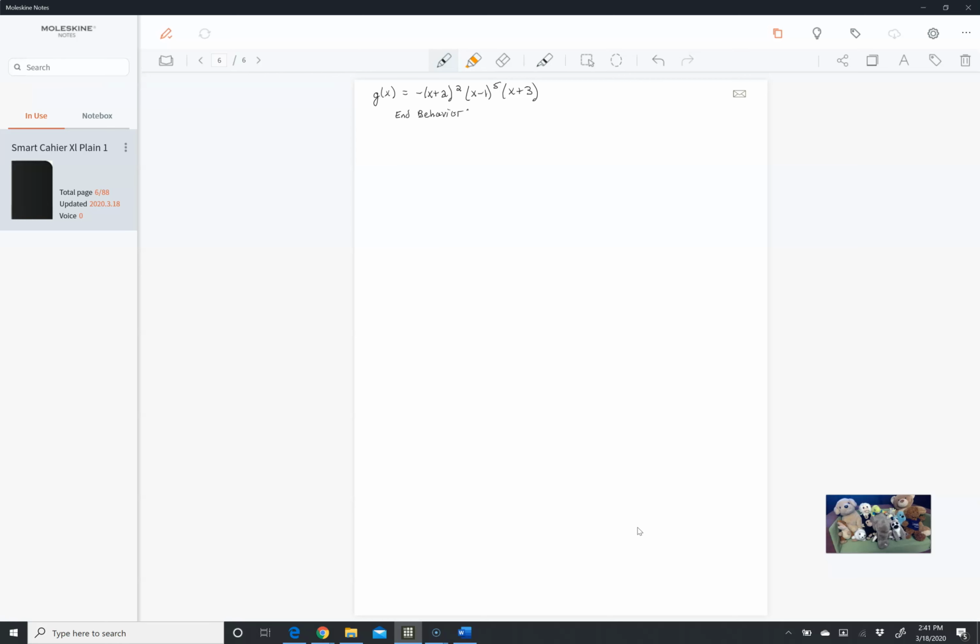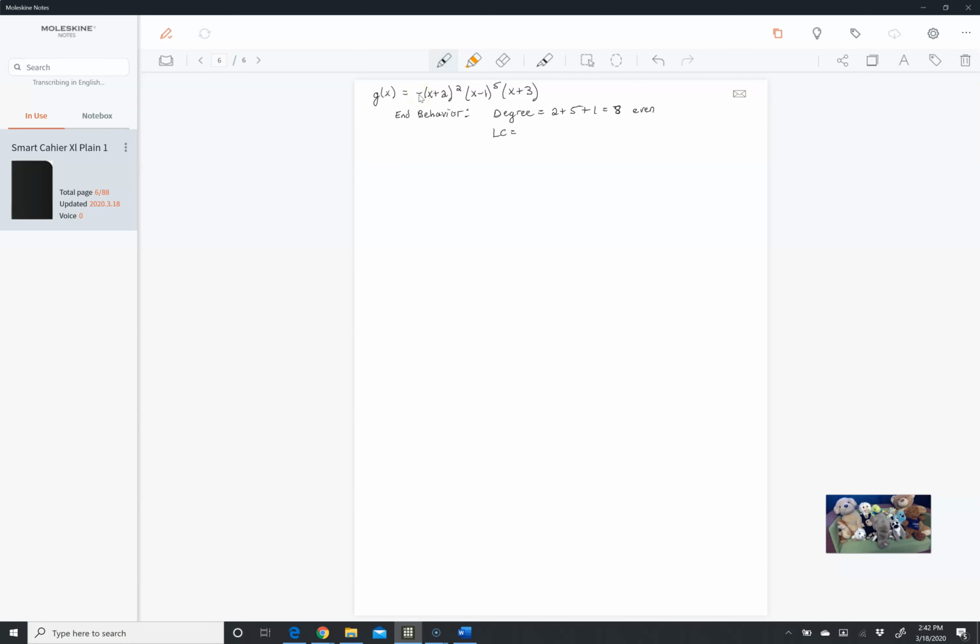For end behavior, the first thing that we have to do is figure out the degree. The degree we get by adding the exponents because it's in factored form. So 2 plus 5 plus 1 gives us 8. What we care about is the fact that this has an even degree. There is no leading coefficient here, no number, but there is a negative.